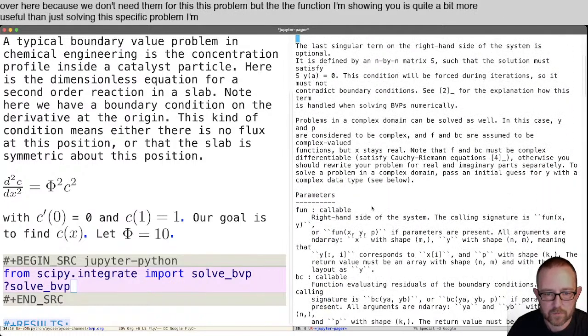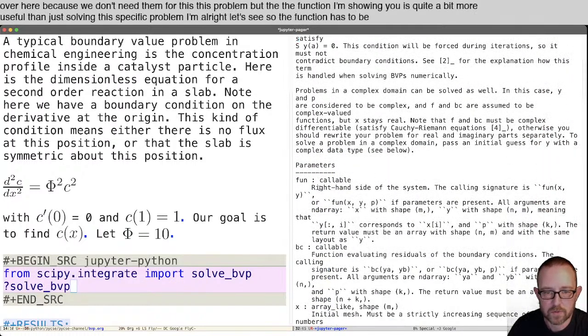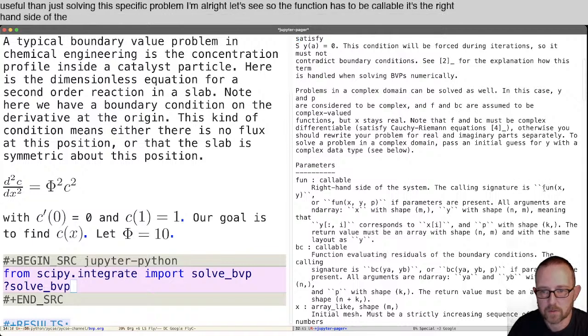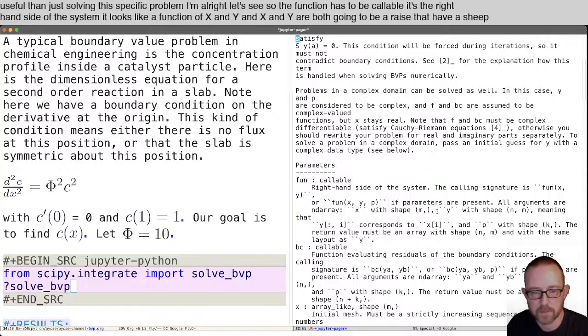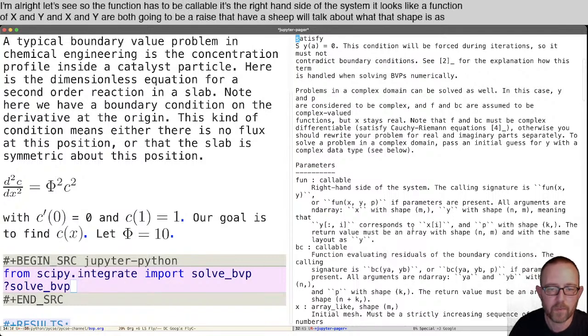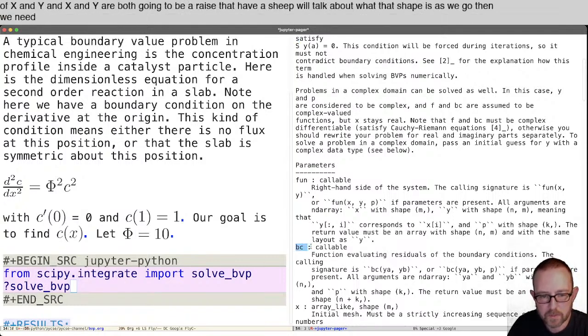Alright, let's see. So the function has to be callable. It's the right-hand side of the system. It looks like a function of x and y, and x and y are both going to be arrays that have a shape. We'll talk about what that shape is as we go. Then we need a boundary condition function that's also going to be taking the 2 arguments ya and yb.